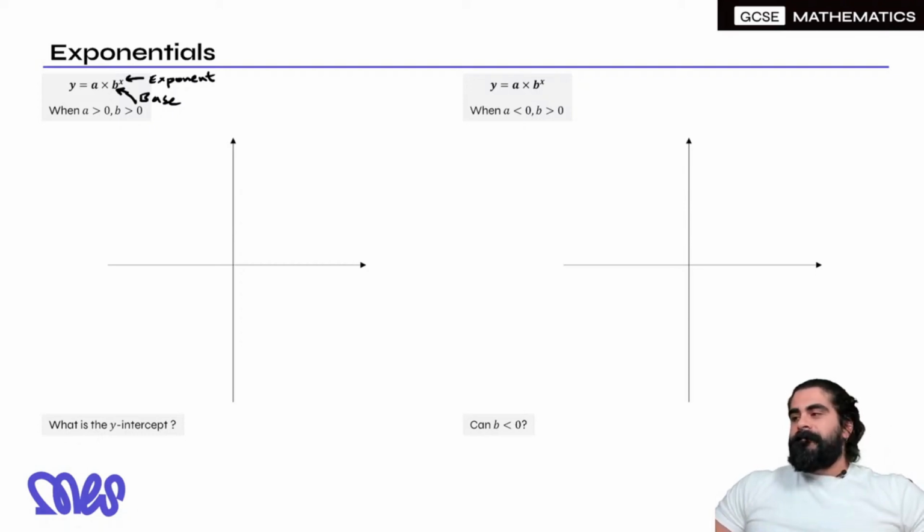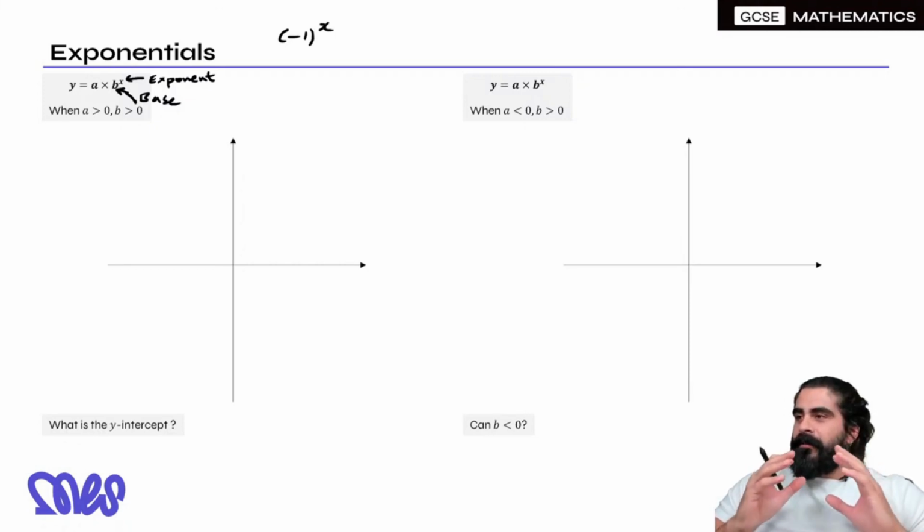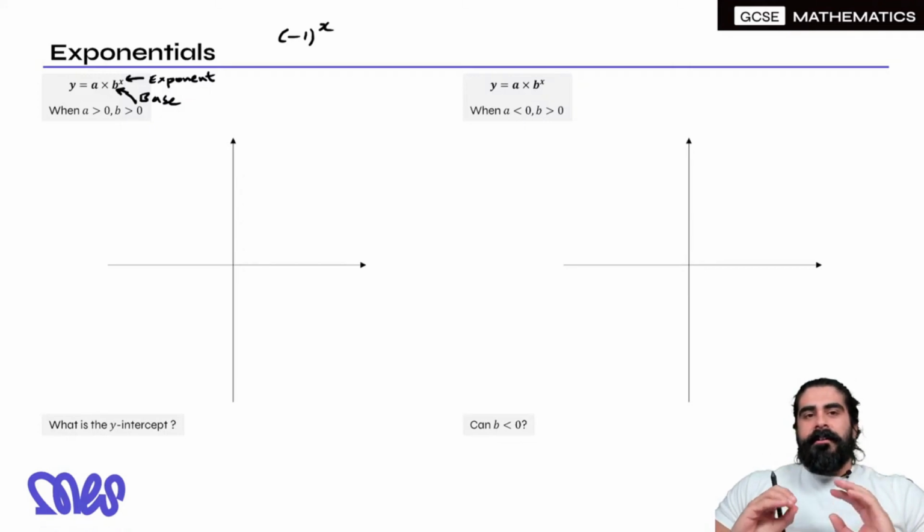If you want to search -1 to the power of x, go for it, but it's a bit crazy. If you're a maths geek, you can go and Google that, see what it shows you. But even for A levels, you're always going to deal with a base number being positive.